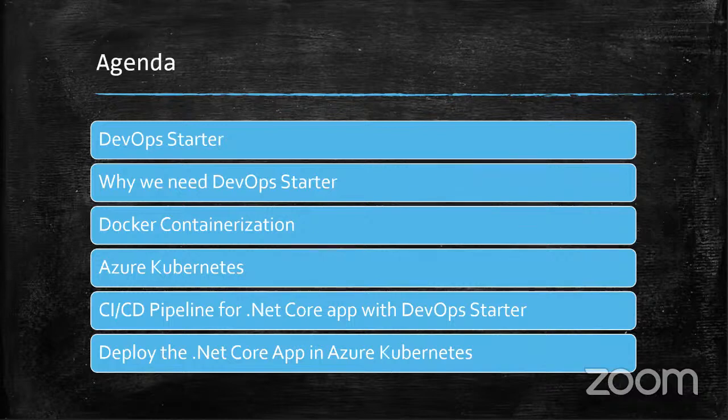We already have a separate portal to study DevOps, so how does DevOps differ from DevOps Starter? Why do we need DevOps Starter, and what about Docker containerization? What about Azure Kubernetes Service and a CI/CD pipeline for a .NET Core app with DevOps Starter, and how are we going to deploy our sample templates from the Azure portal along with Azure DevOps? Today we are going to see all those topics crisp and clear.